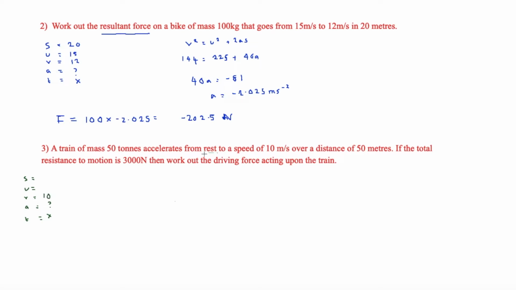U is the initial speed, and as it's from rest, U is 0. S is 50, because it's a distance of 50 meters. So we use v squared equals u squared plus 2as. V squared is 100, u squared is 0, and 2as is 100a. So a is just 1 meter per second squared.